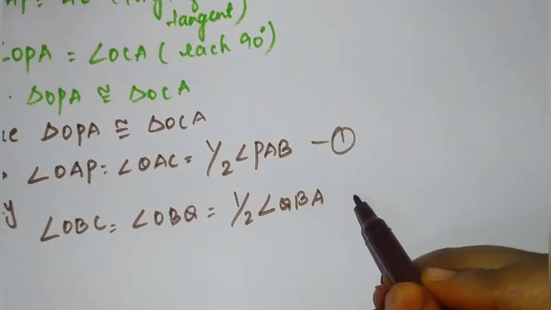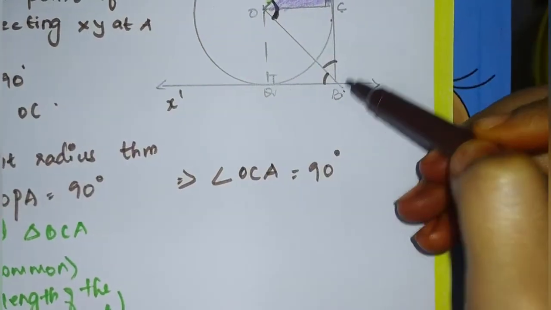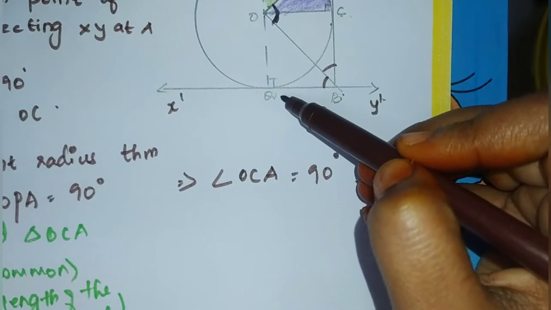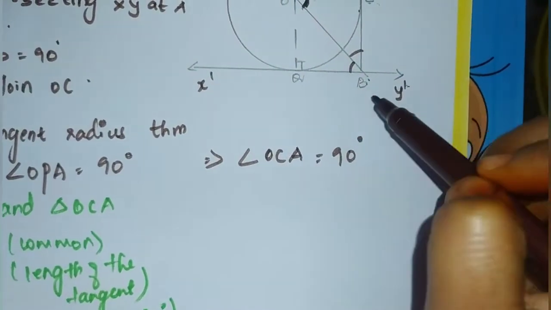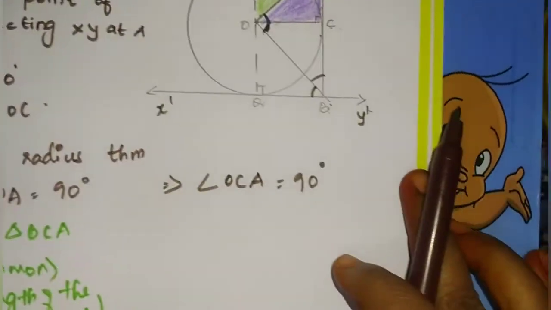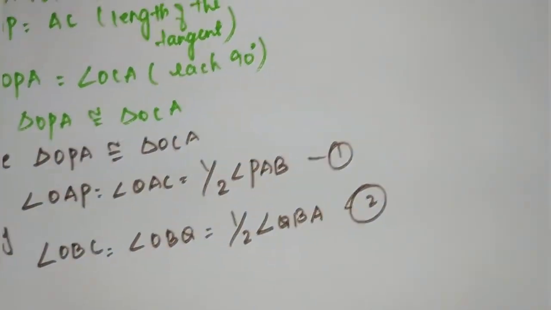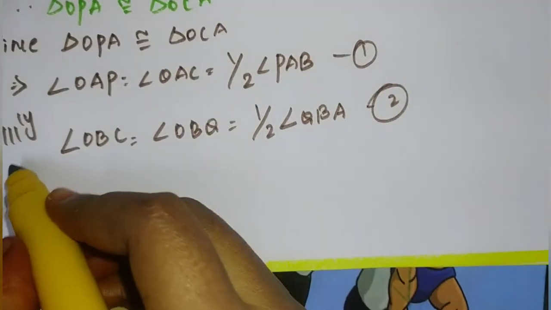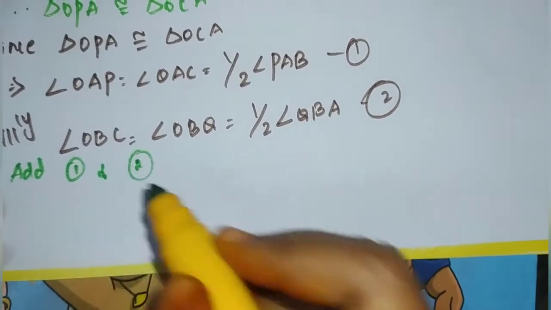Mark this as 1 and this as 2. Clear, children? So add 1 and 2.